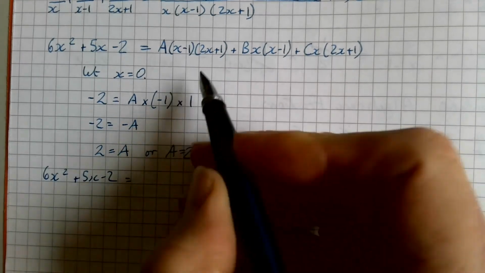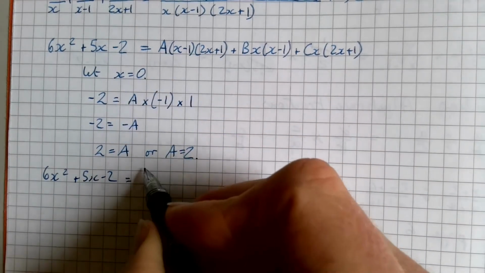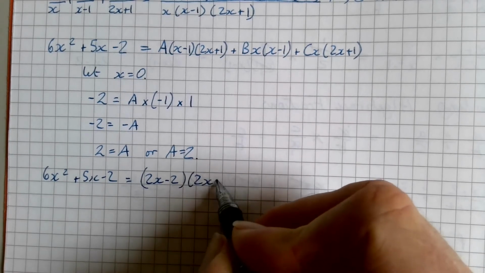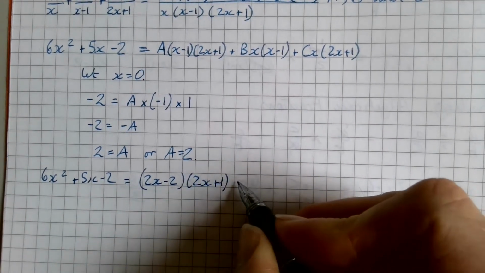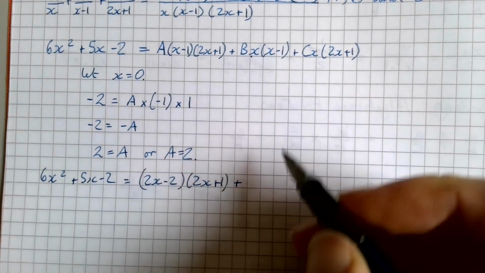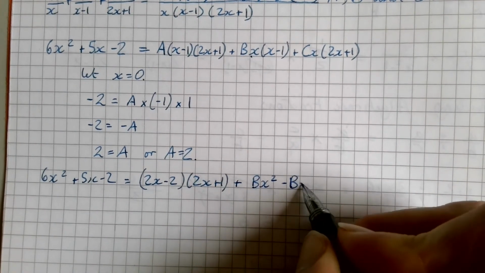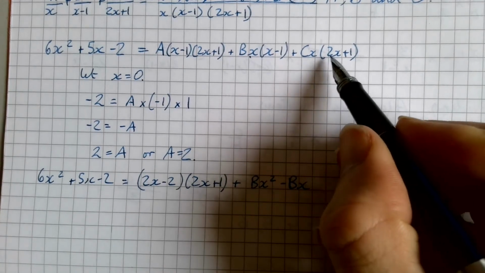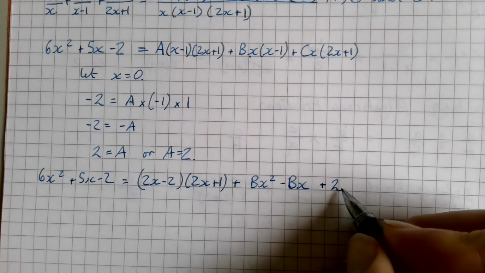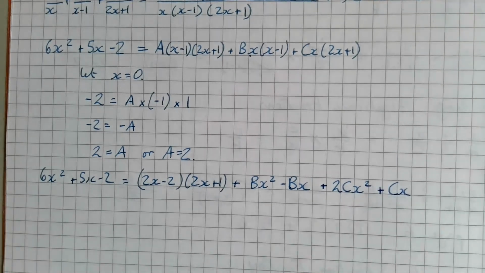I've then got 2. If I times that by the first bracket, I get 2x minus 2, and I'm going to need to expand that bracket. I can expand this bracket easily enough. bx squared minus bx, and I can also expand this one to give me plus 2cx squared plus cx.